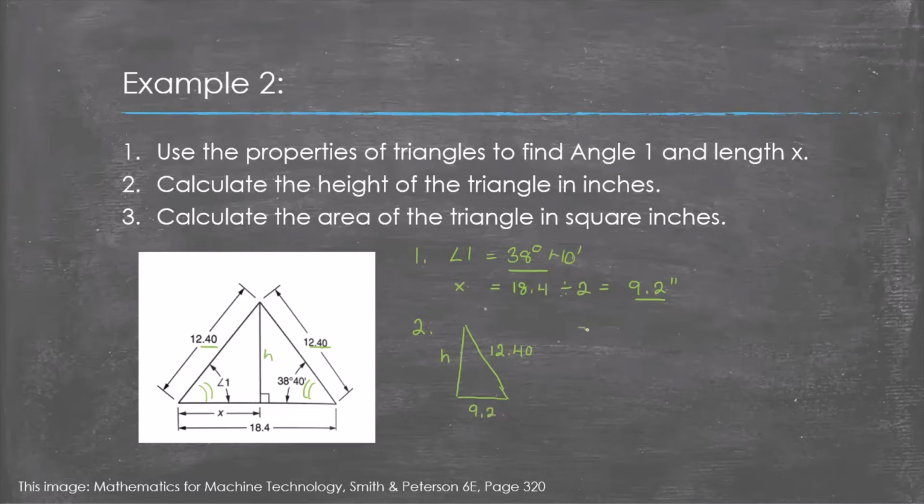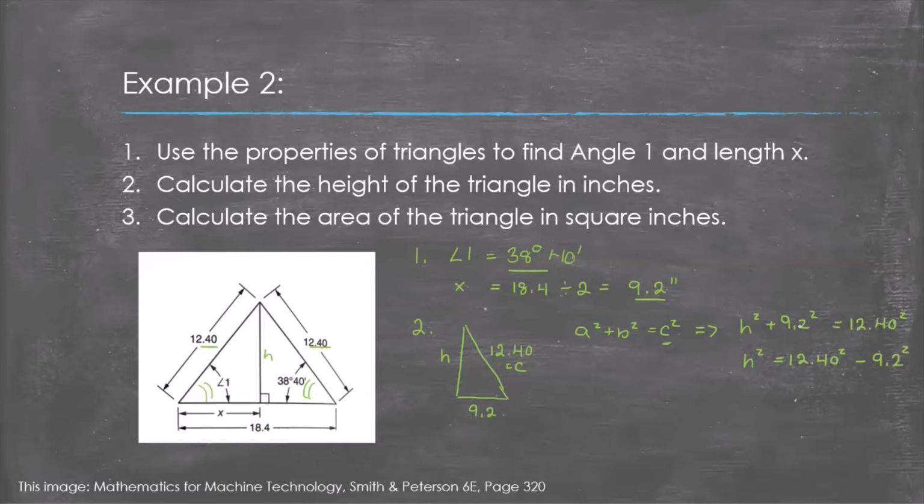So in order to calculate it, we'll use our formula: a squared plus b squared equals c squared. First of all, find where your c is. So this side is our c. That's our hypotenuse. So if I put this into our calculation, I get h squared plus 9.2 squared equals 12.4 squared. Rearranging that, you will get that h squared equals 12.4 squared minus 9.2 squared.